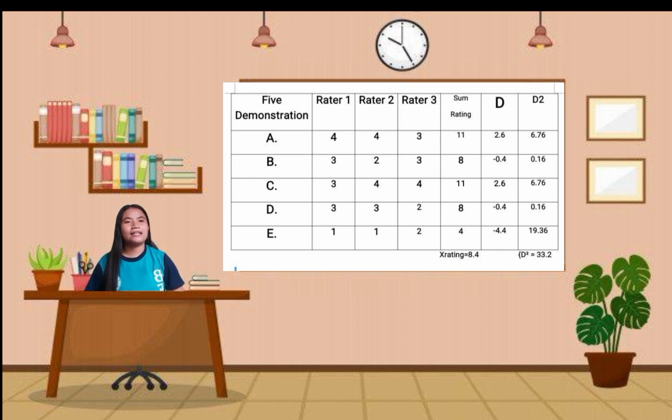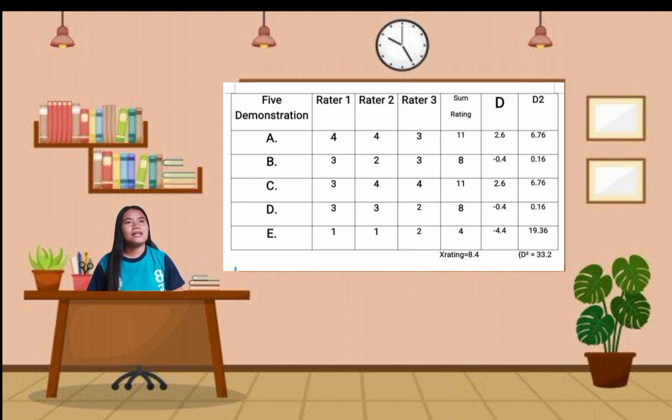So, kailangan natin i-divide ngayon sa number of demonstration. So, ilan nga ba yung number of demonstration? 5. So, 42 divided by 5 is equals to 8.4.